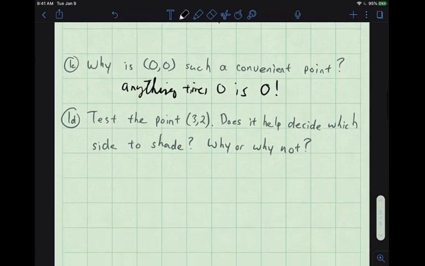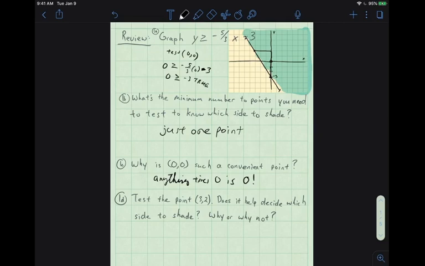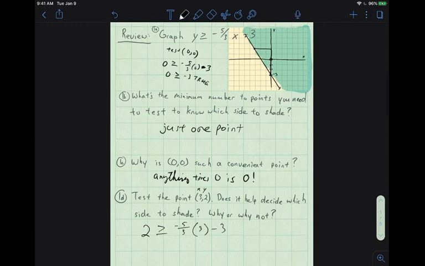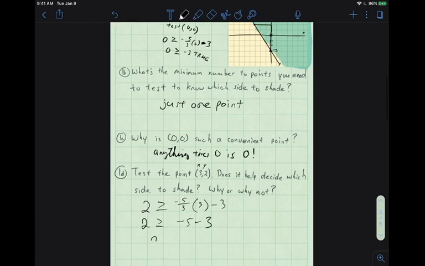Test the point 3, 2. So with our equation, this is the x-coordinate, y-coordinate, or the x value and the y value. We have 2 is greater than or equal to 3/5 times 3 minus 3. Following through with this arithmetic, we have 9/5 minus 3. 2 is bigger than or equal to -8.